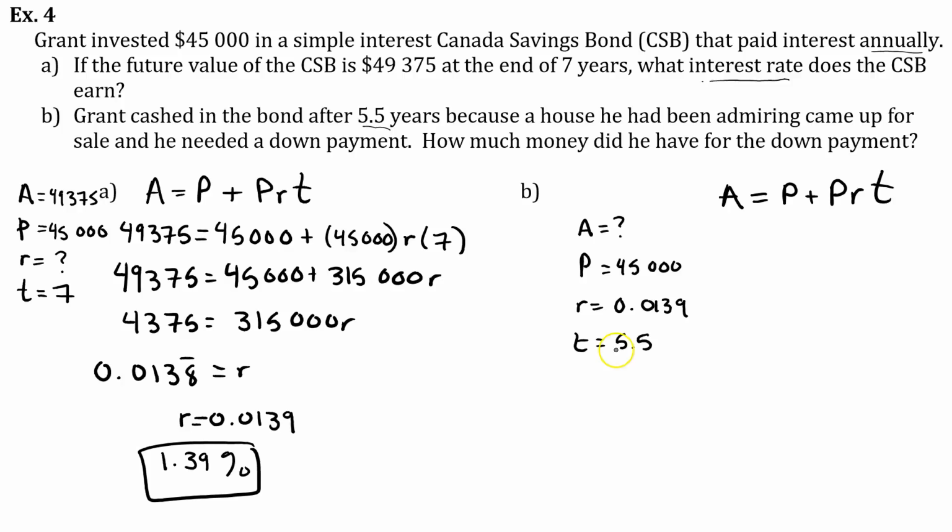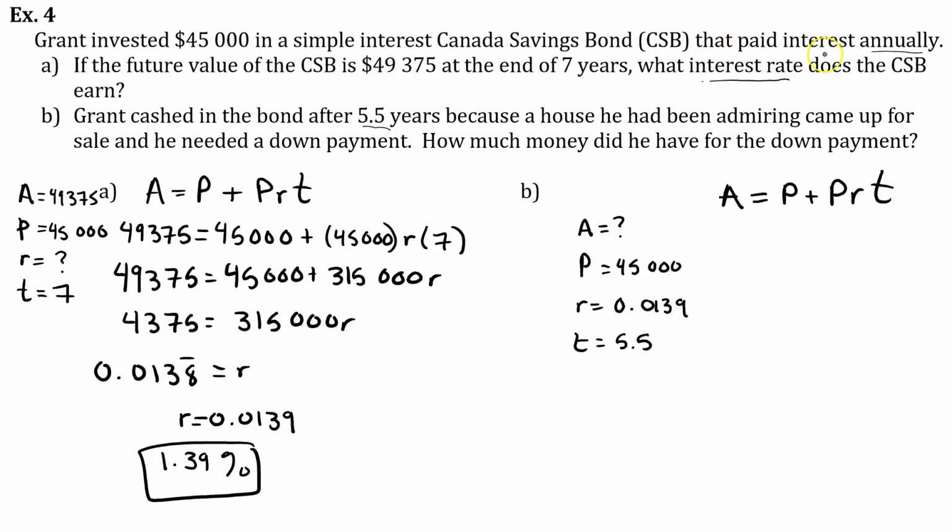Now a few of you are going to be like, hold the phone, it's paid out annually, but it's 5.5 years. Now the cool thing about a Canada Savings Bond is that you can cash in your Canada Savings Bond before the anniversary date. However, you forfeit any interest that builds from that anniversary point.